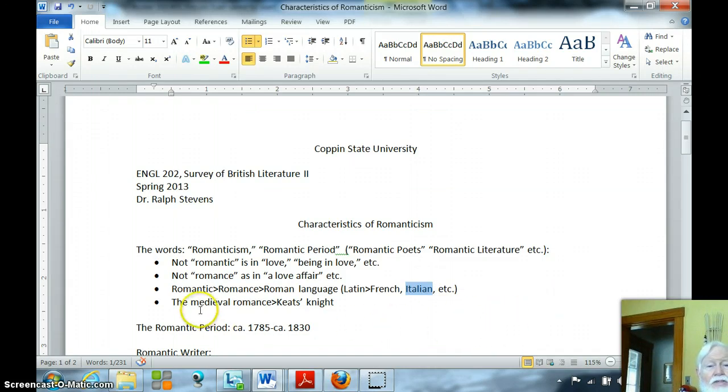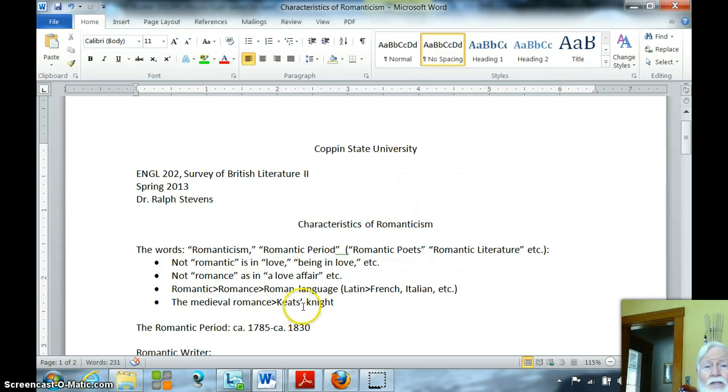A romance during the Middle Ages, say somewhere around the 12th, 13th century, just to give you an idea of the historical period, a medieval romance was a story written in the Roman language, mostly French.